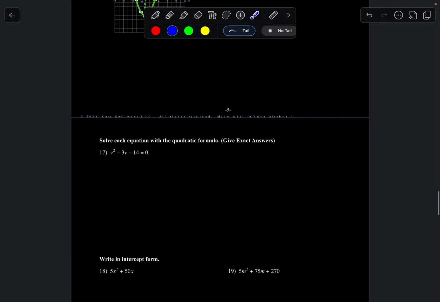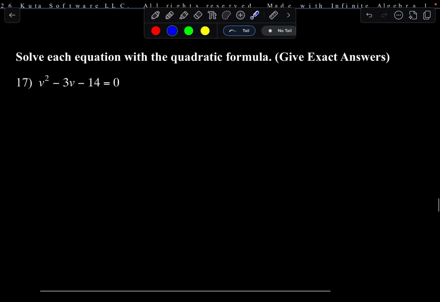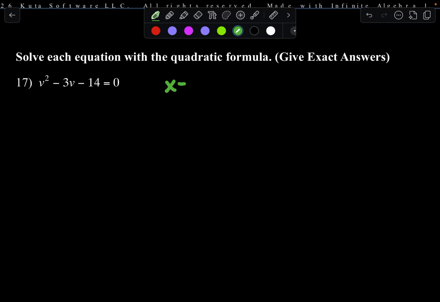All right, for number 17, it says solve each equation with the quadratic formula. Give exact answers. So they tell you to use the quadratic formula. The quadratic formula is x equals h plus or minus the square root of h squared minus c over a, where h is the opposite of b over 2a. I will give you this formula to use on the test on a formula sheet.